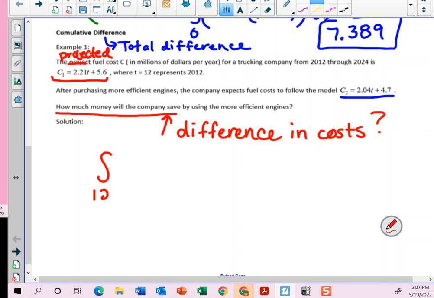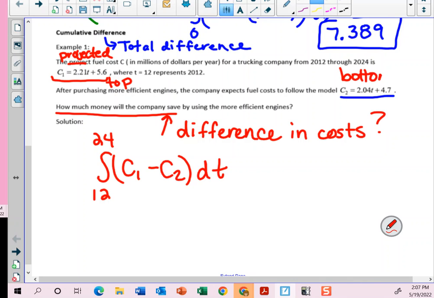And let's see, I'm going to write this. I'm going to do a little shortcut here. I figured out, actually, they're not in terms of X, they're in terms of T. We figured out that C1 was the top function and C2 was the bottom. Do not assume that that's the scenario.